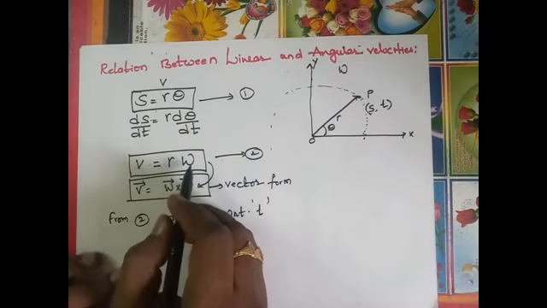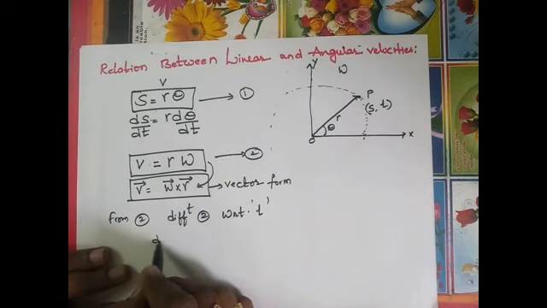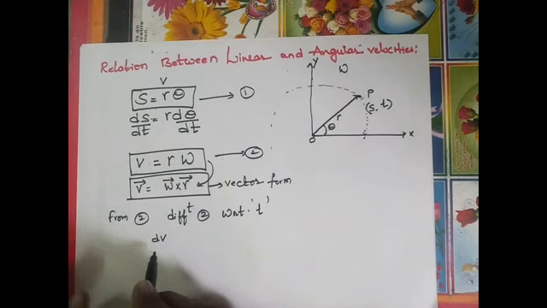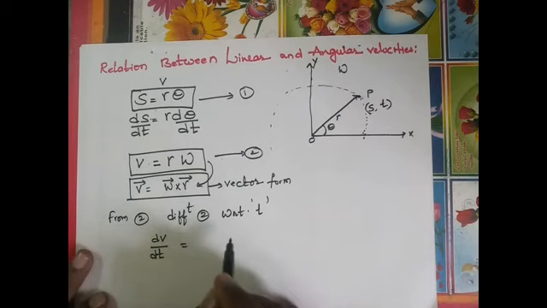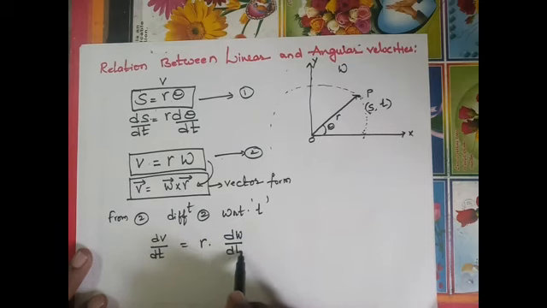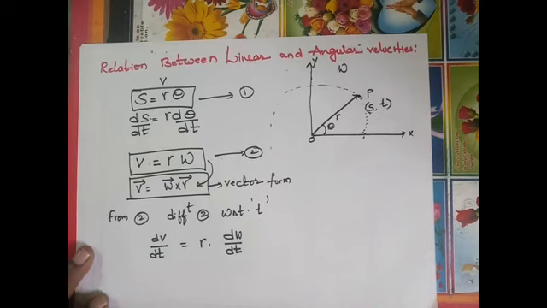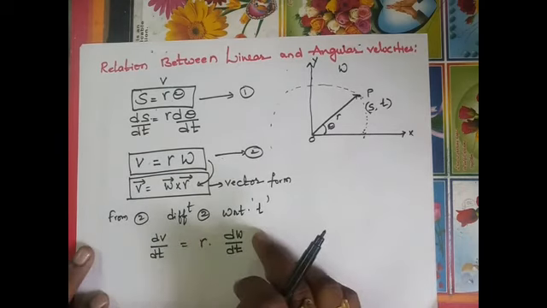Then we get dv by dt is equal to r, which is constant and stays outside, into d omega by dt.